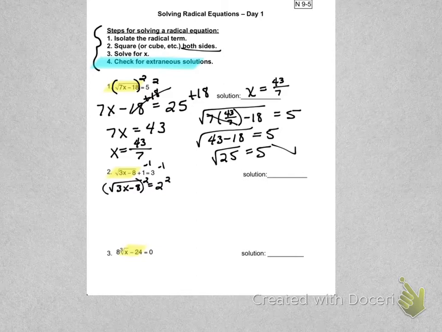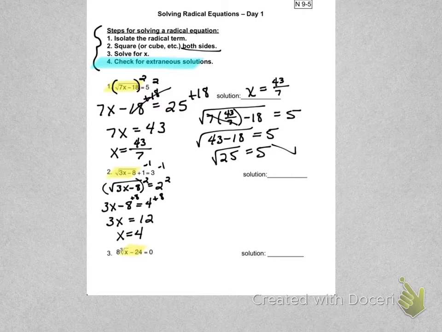The square of a square root just becomes what's underneath the radical. That equals 4. Add 8 across. So 3x now equals, when we add 8, 12, and divide by 3, x equals 4.